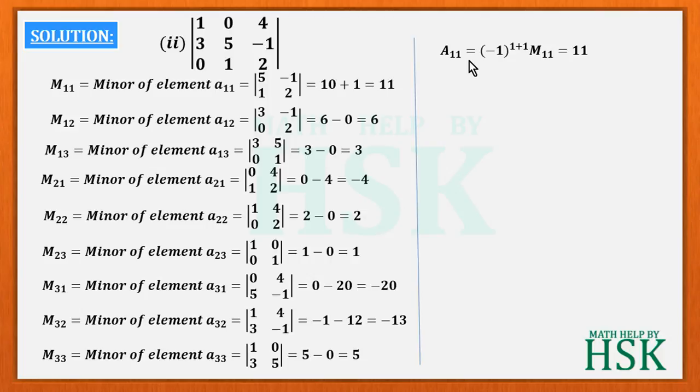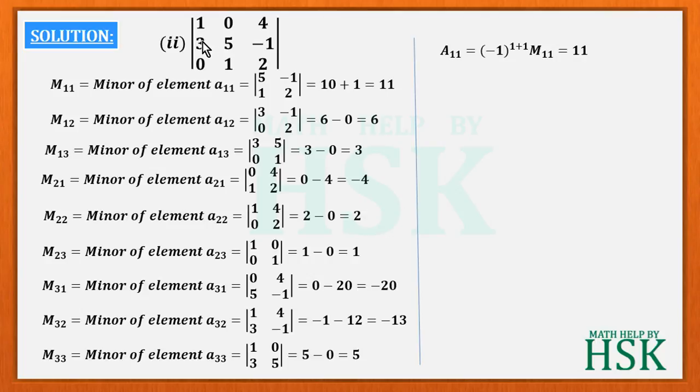But if we want to make the calculation very easy or fast, we can look here that these three elements 1, 5, 2 form a leading diagonal, and 4, 5, 0, these three elements form another leading diagonal. The cofactors are equal to minors for the elements in these leading diagonals.